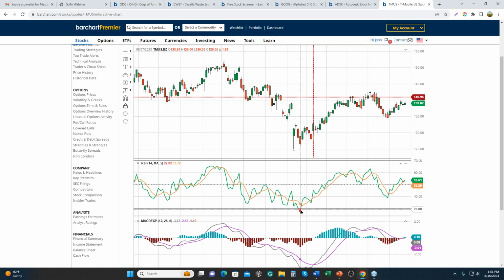The RSI is in oversold, and then we got that MACD crossover. Again, RSI tends to be a little bit more of a leading indicator. Then you would wait for that positive RSI price movement with our positive price momentum. You can see that right about there.